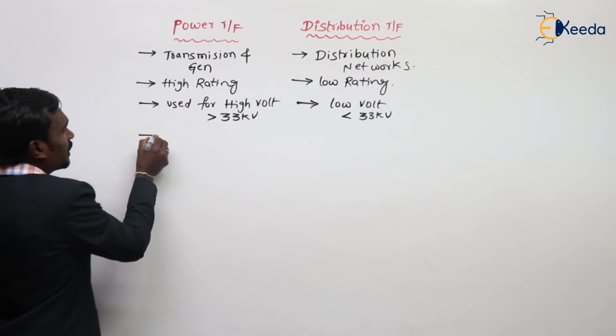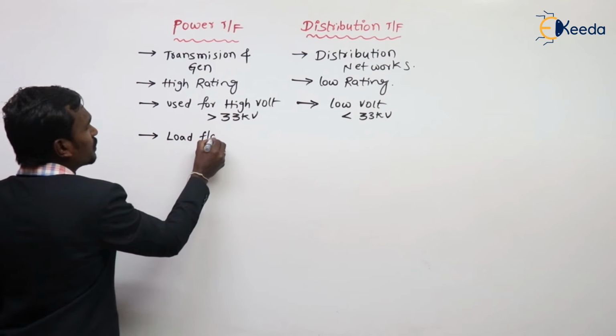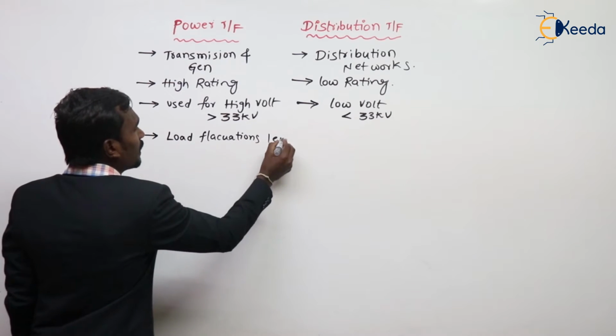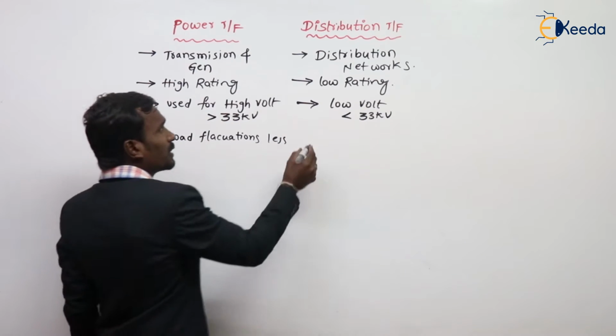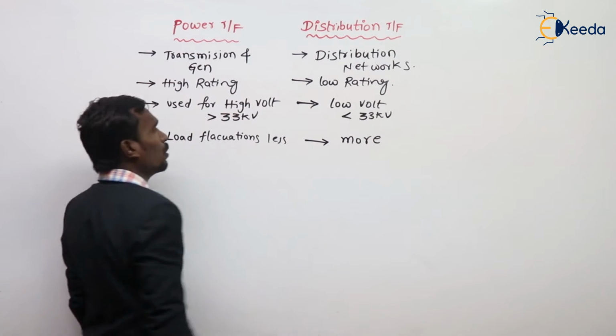Generally in a power transformer, load fluctuations are very less, but in a distribution transformer, load fluctuations are more.